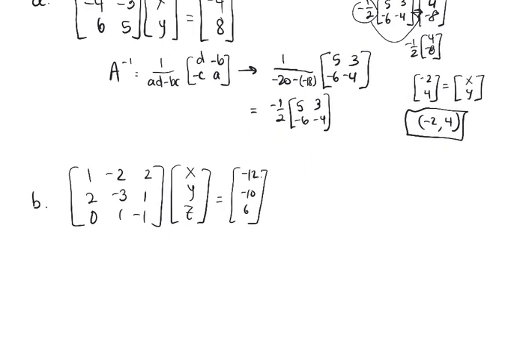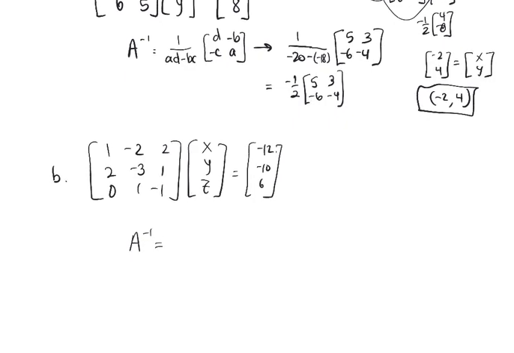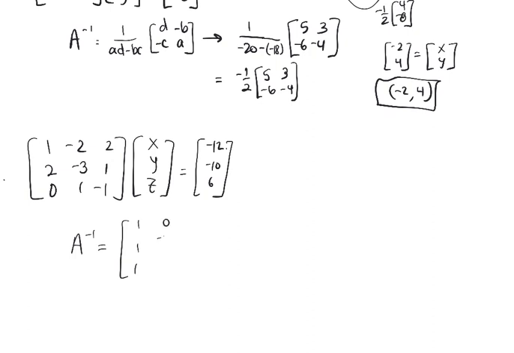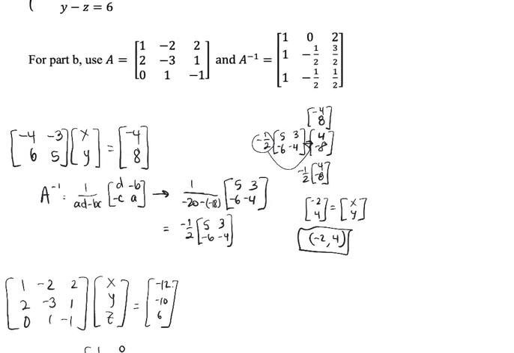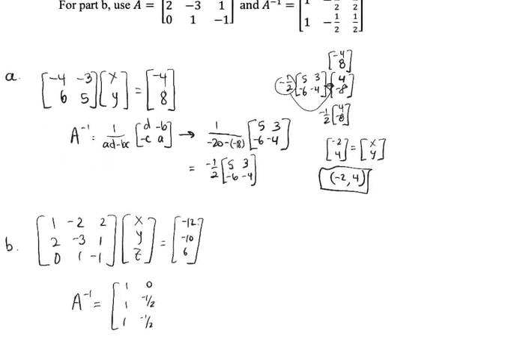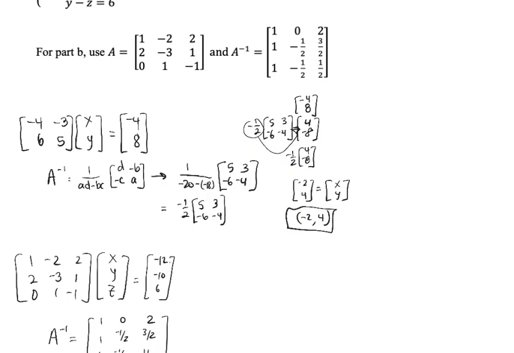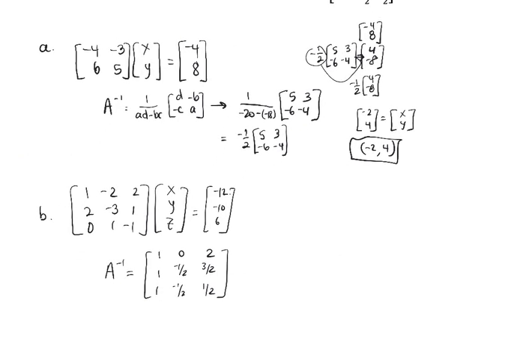So the inverse is given to us. And then really all we need to show is that we multiply it with this matrix here.